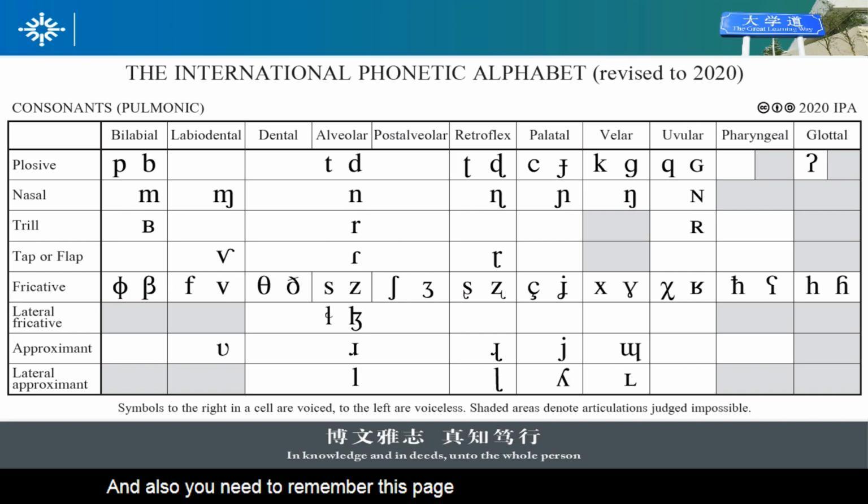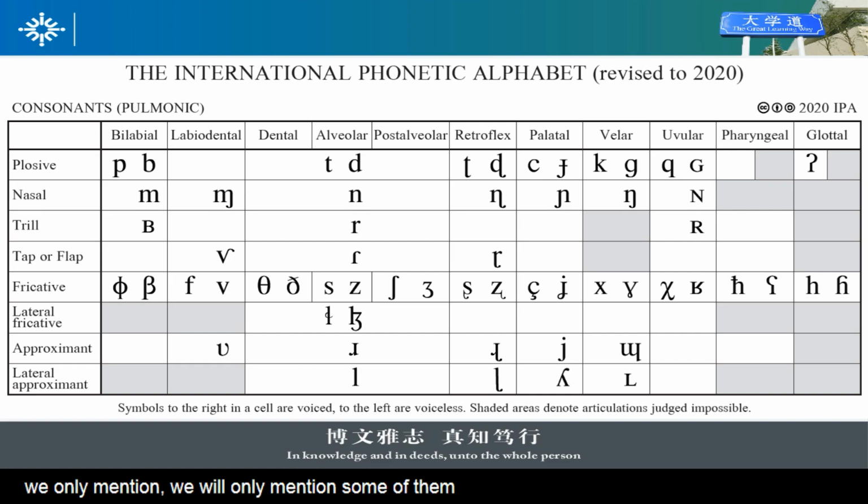Also, you need to remember this chart of the consonants of the IPA chart. We mentioned most of them last time, so you can easily understand which symbol refers to what and how to pronounce them. I hope you can understand that.